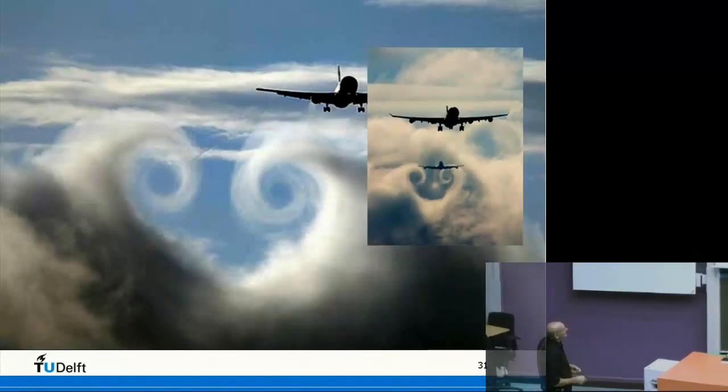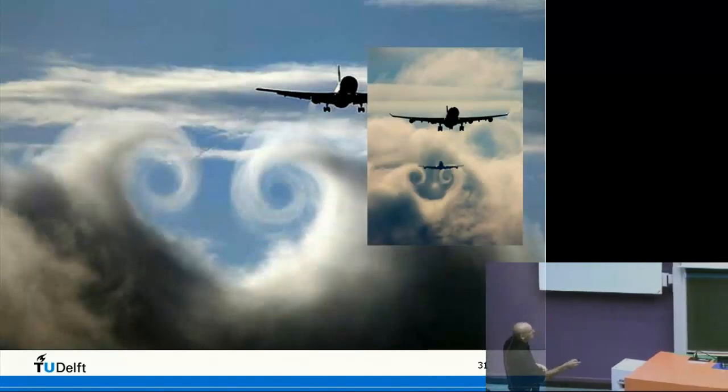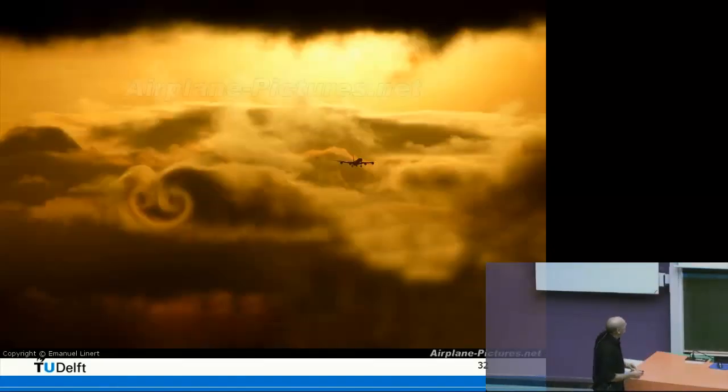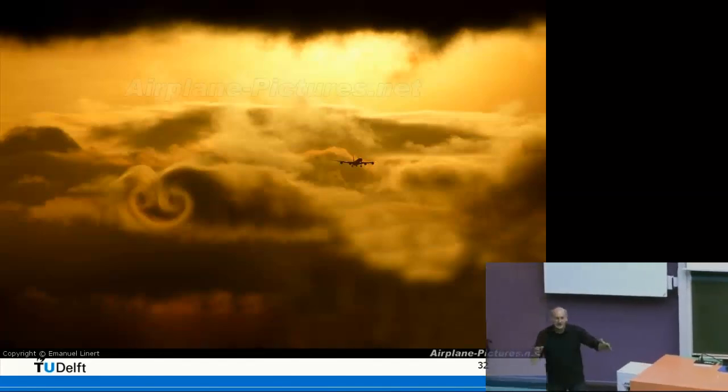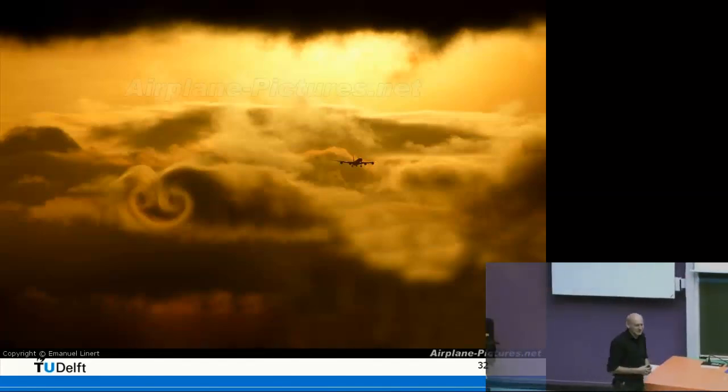And it's not the same, because here you see the wing tips. They're a little bit different, not the same. And here you see it's long gone, but it's still there. And that is what you see on airfields as well, that there should be a certain distance between landing aircraft, because these tip vortices can be very, very strong and very persistent.